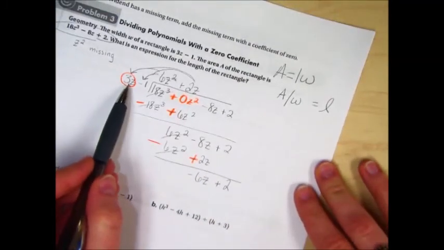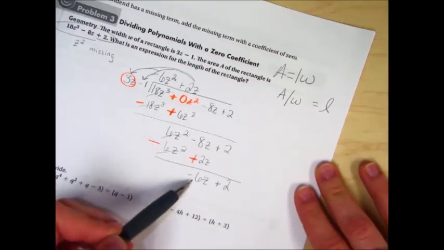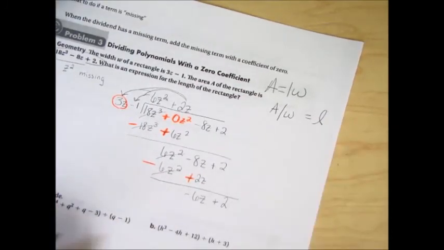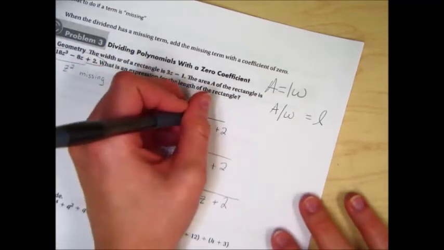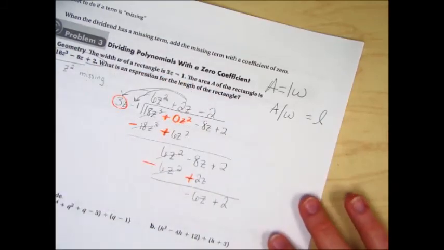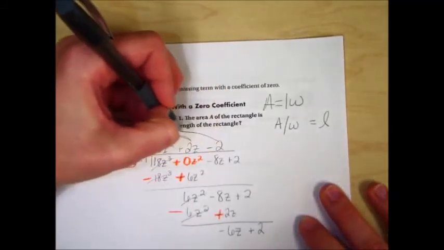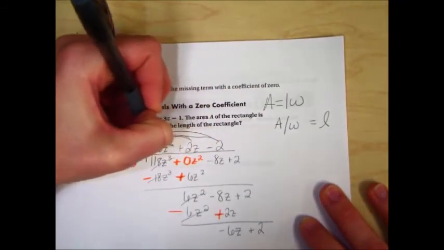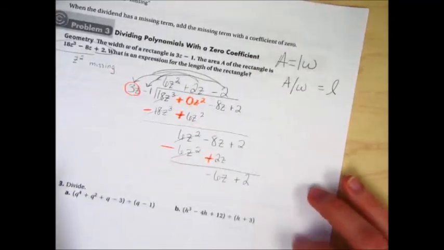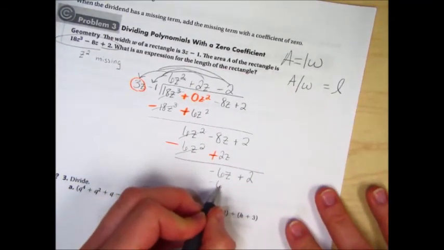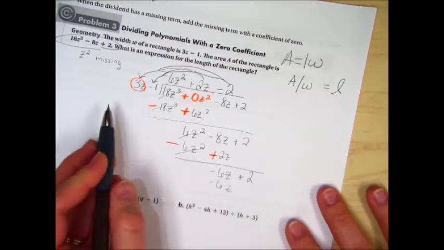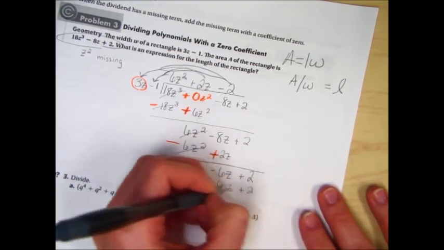How do you get 3z to become a negative 6z? You have to multiply by a negative 2. So again, you backwards distribute. Negative 2 times 3z is negative 6z. Negative 2 times negative 1 is positive 2.